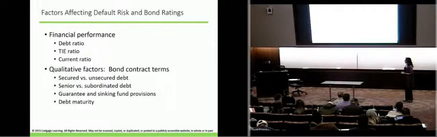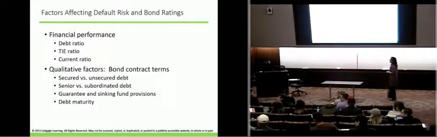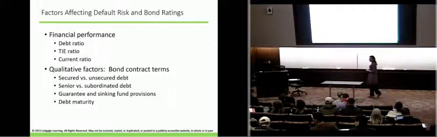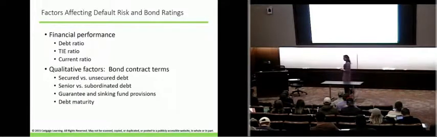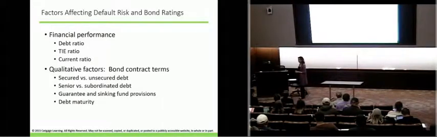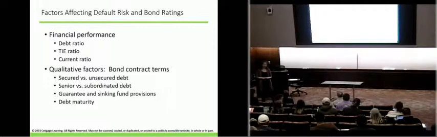But they also look at other things like, where does this debt lie in terms of the other bonds that this firm has issued? Is the debt secured? What do you think secured means? They can pay it off?